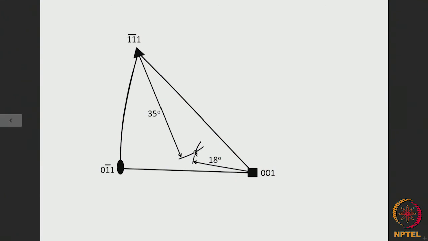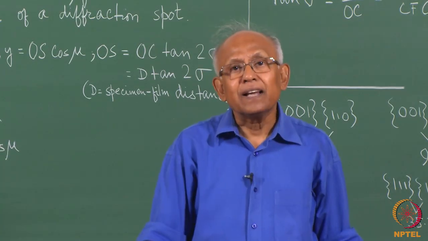Now, it is very easy to find out the angle between this pole and the unknown pole here, this pole and the unknown pole over here, and we can measure the distance, and from a table which shows the values of the interplanar angles for the cubic system, it is quite possible to pinpoint which particular pole this is, because this pole designates the normal to the crystal surface.